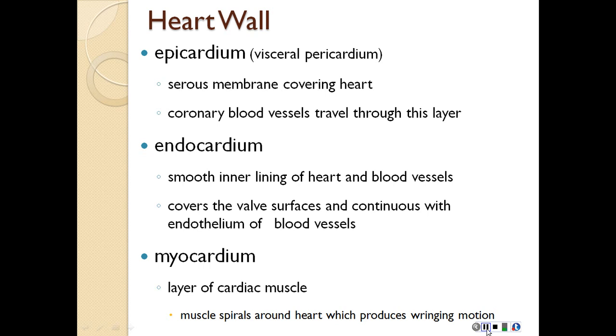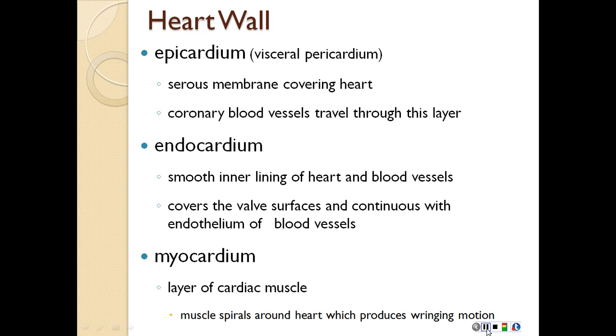Very good. So that is the outer covering of the heart, and it is a serous membrane. Remember the visceral pericardium from Biology 201? Visceral pericardium is that membrane that covers the heart. And so the coronary blood vessels travel through the epicardium.